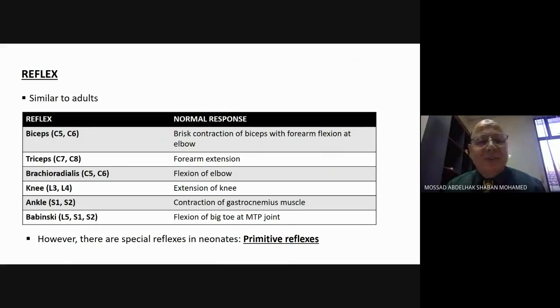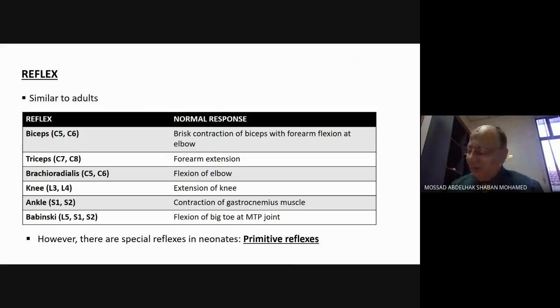So Babinski is lumbar 5, S1, S2. Ankle is S1, S2. Knee is 3, 4. Brachioradialis is 5, 6. Triceps is 7, 8. Biceps is 5 and 6. It is very simple. You cannot forget. It is very important.